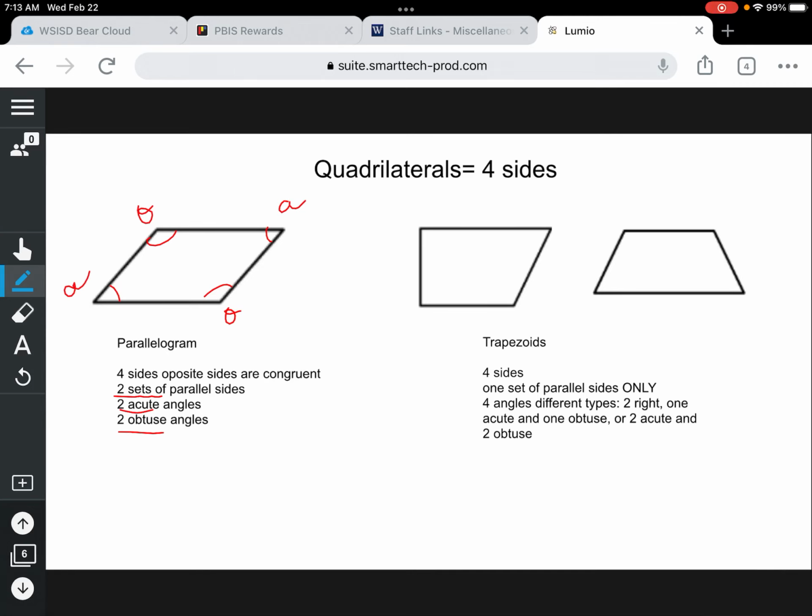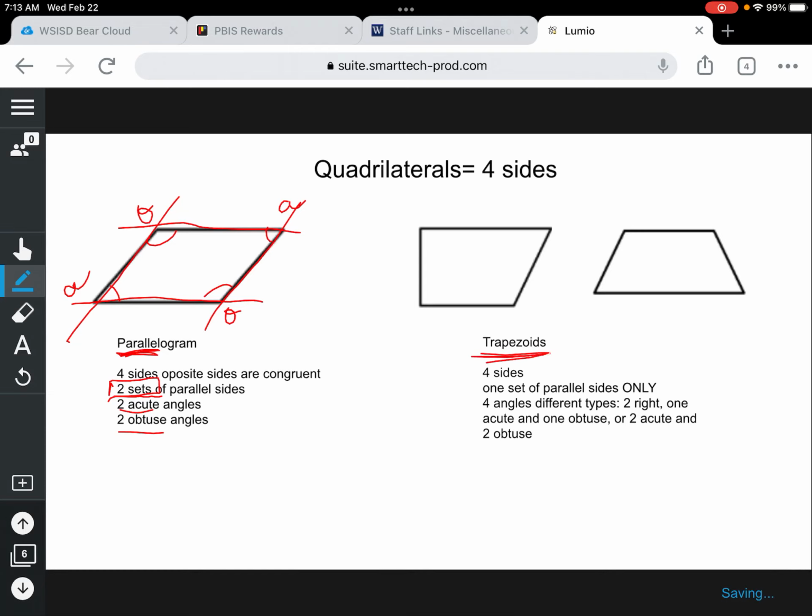But you can see this side and this side are parallel. They'll never meet no matter how much I extend. And then this side and this side are parallel. That's why we say there are two sets. So parallelogram, all sides are parallel, not necessarily congruent, and they don't have right angles.